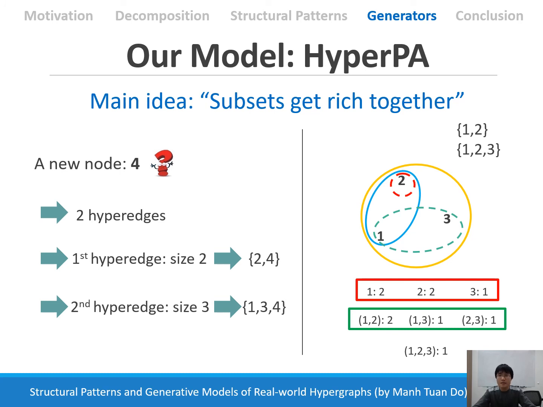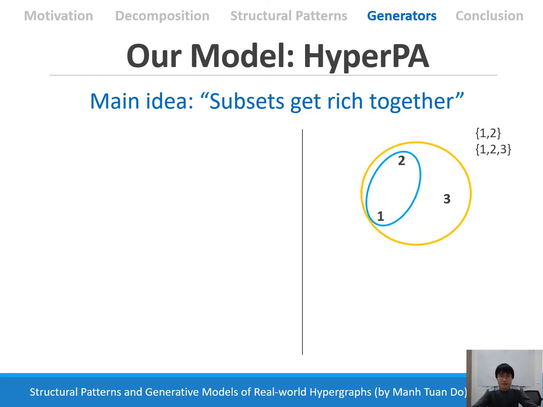So node 4 needs to choose 2 other nodes to form this new hyperedge with. It looks at all subsets of 2 nodes, and again, the chance for a subset to be chosen is proportional to its degree. In this case, the chosen subset is {1, 3}. So we have a new hyperedge {1, 3, 4}.